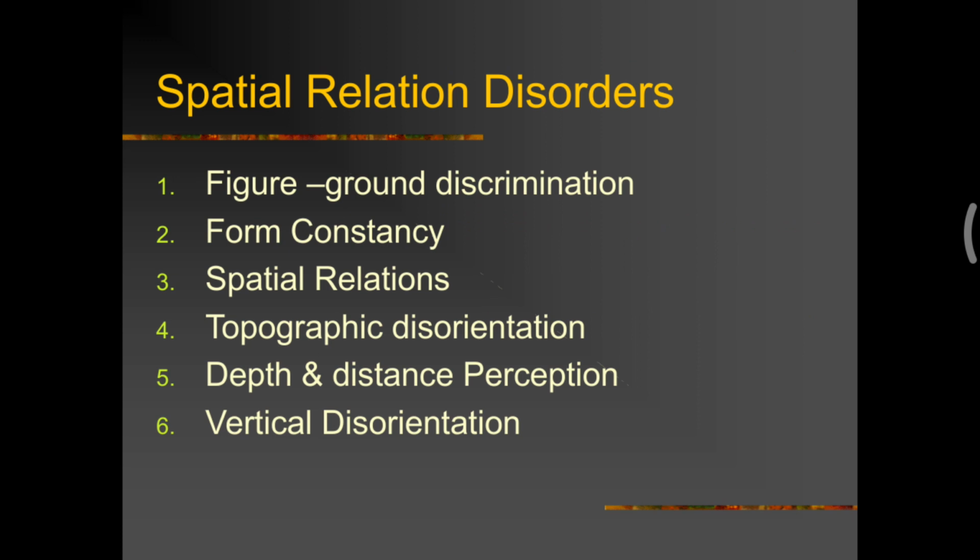In addition, we also spoke about position in space. Most of these disorders would render a patient having a lot of difficulty in interacting with external objects in his environment and make his daily life really a mess.